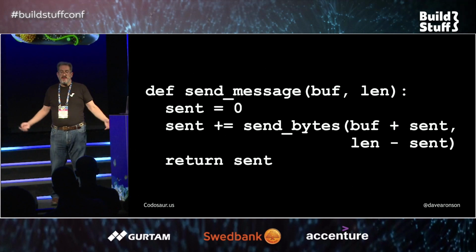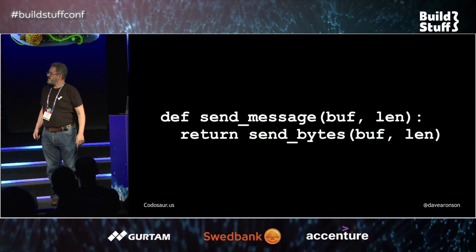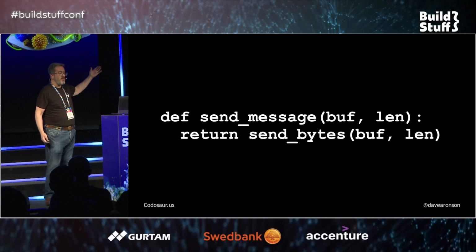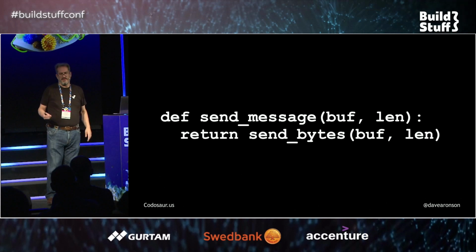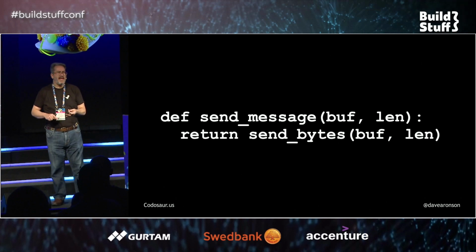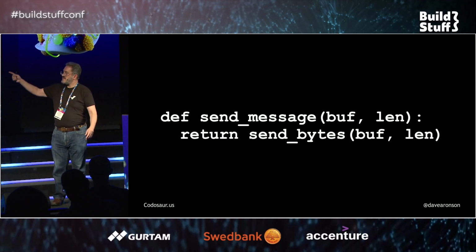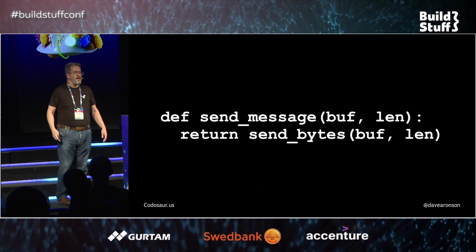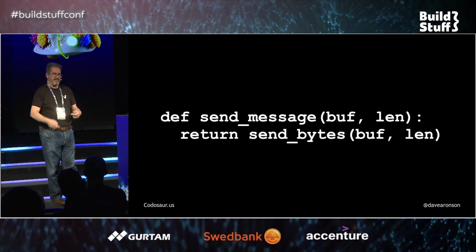If we get rid of that other stuff, we wind up with this. And now the message is very clear that send message may well be redundant. Now, in real-world code, maybe it's not, because maybe there's some logging and error handling and whatnot that we need in send message and can't shove down the stack into send bytes. But at the very least, the looping was redundant.